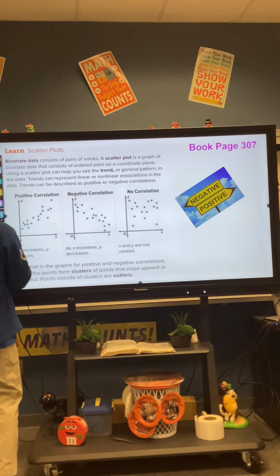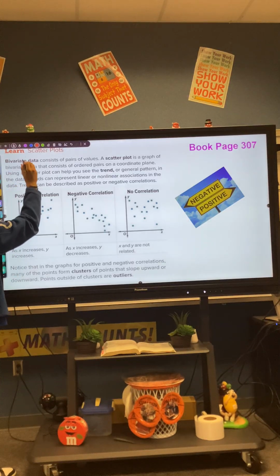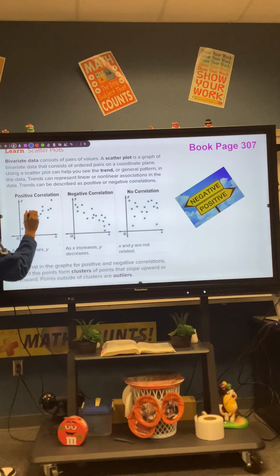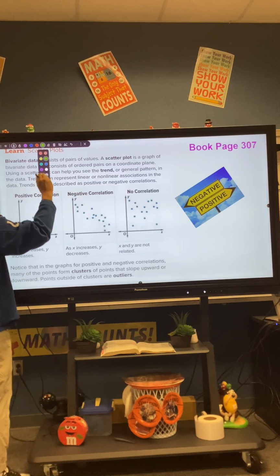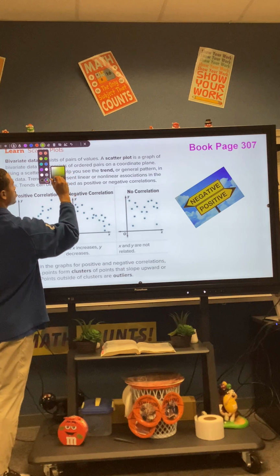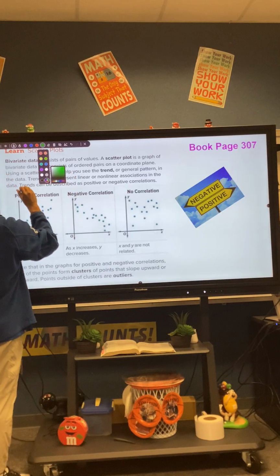Slopes are still important. So if something has a positive correlation, on our graph, I'm gonna use green for positive and red for negative for y'all. Is that all right with y'all?